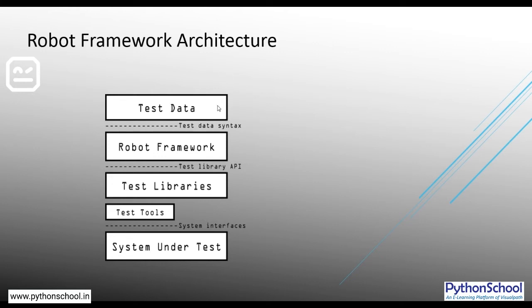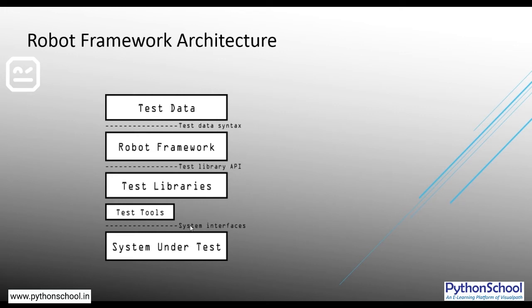It will be receiving it as an input, and it will be using the test libraries that are present at this level to communicate with the system that is under test. This is the system under test. The interaction between test libraries and the system under test is usually direct.